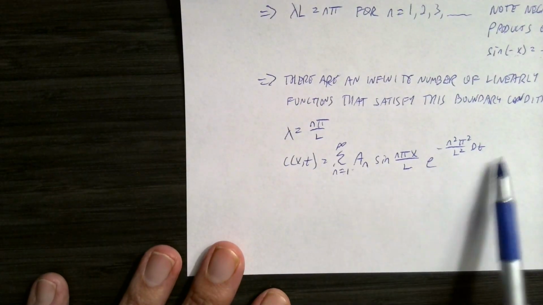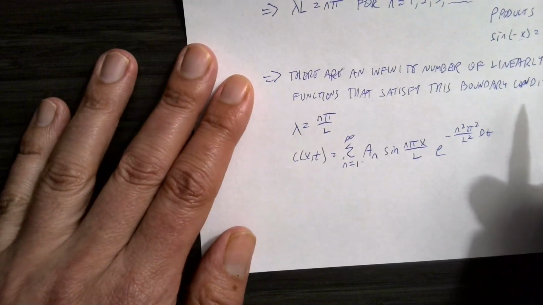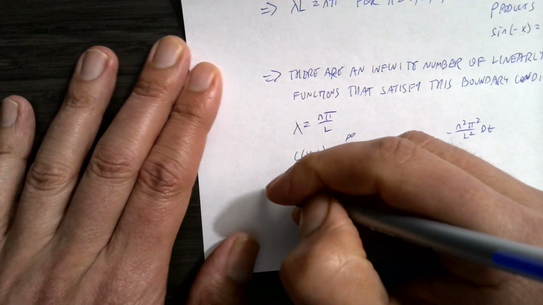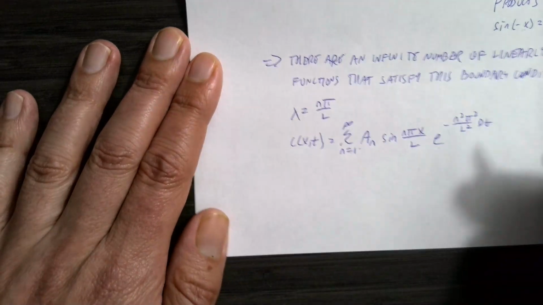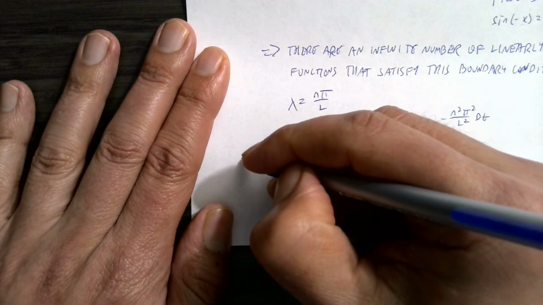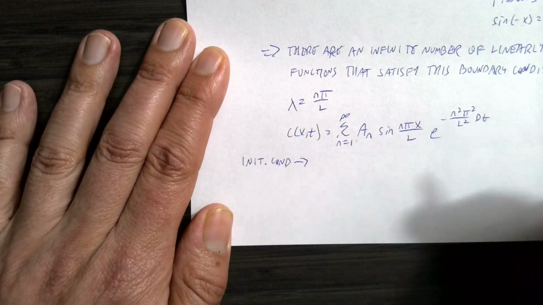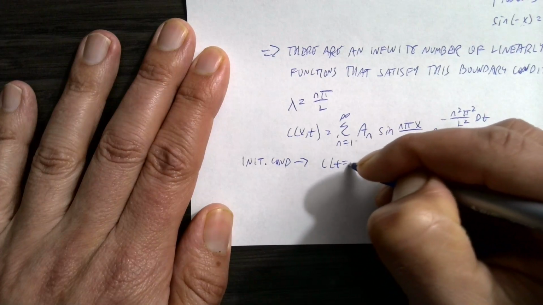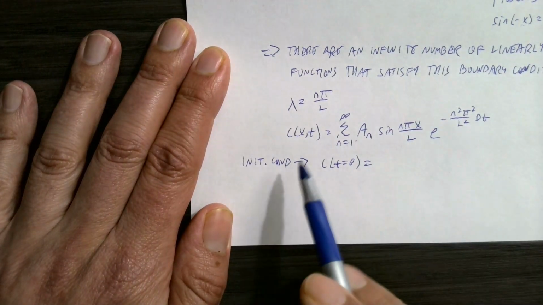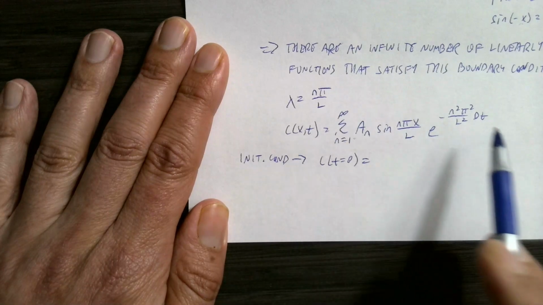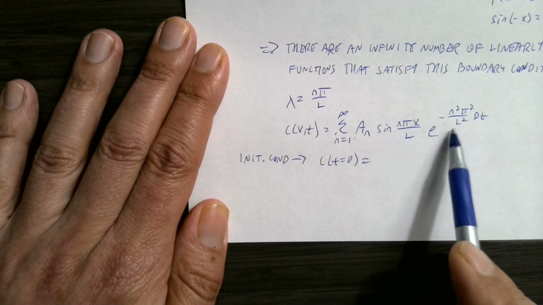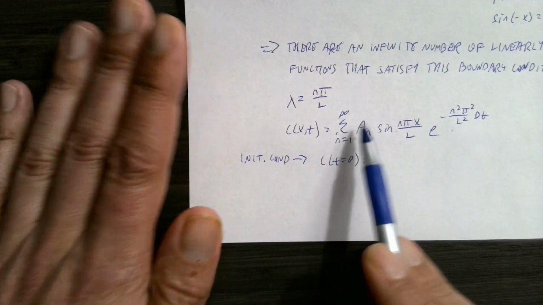So what we need to do is to use our last boundary condition, our initial condition. We have c at t is equal to 0, and so again, we've got this infinite series of products of sine and exponential functions with a constant we don't even know.